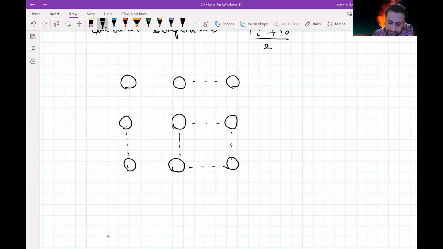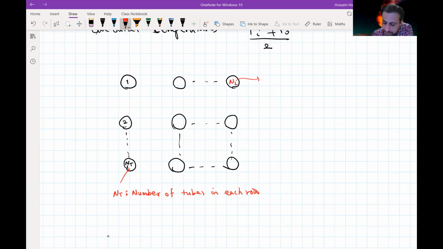If I label them 1, 2, and all the way, this is going to be NT. NT means the number of tubes in each row. And if I label in the other way, we are going to reach NL.